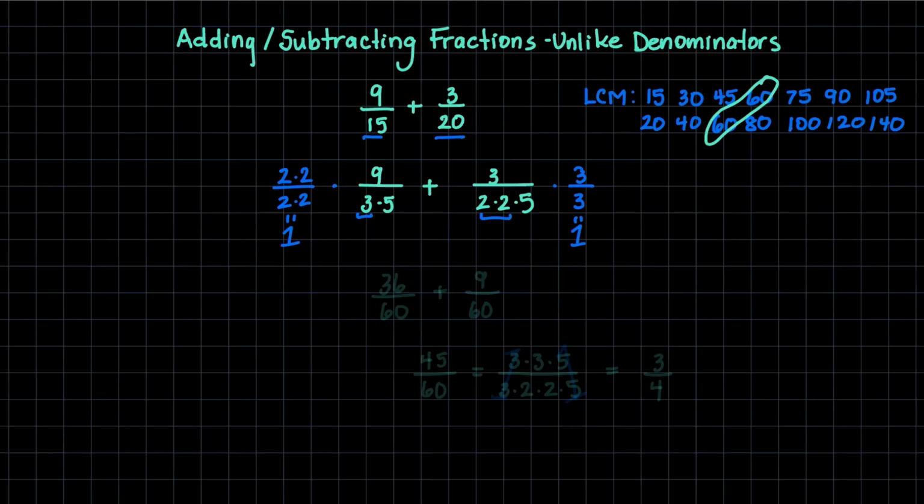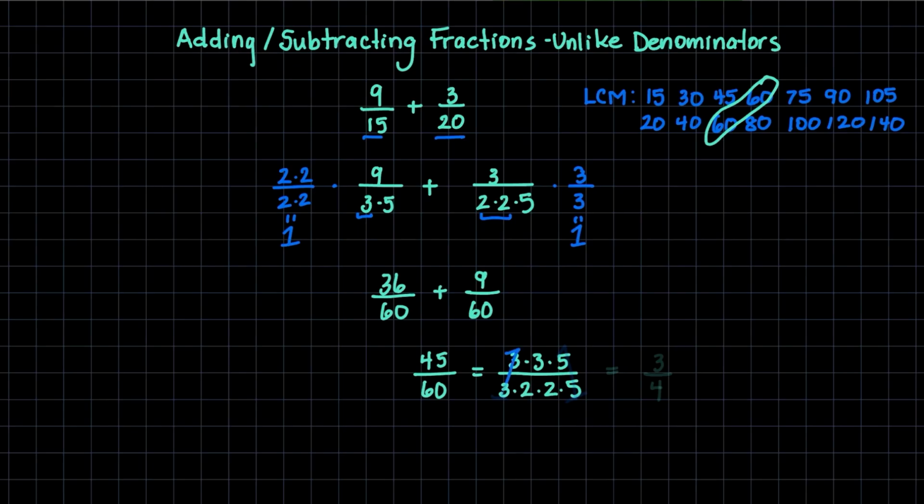So we have 36 over 60 plus 9 over 60, which is 45 over 60. 45 is 3 times 3 times 5, and 60 is 3 times 2 times 2 times 5.